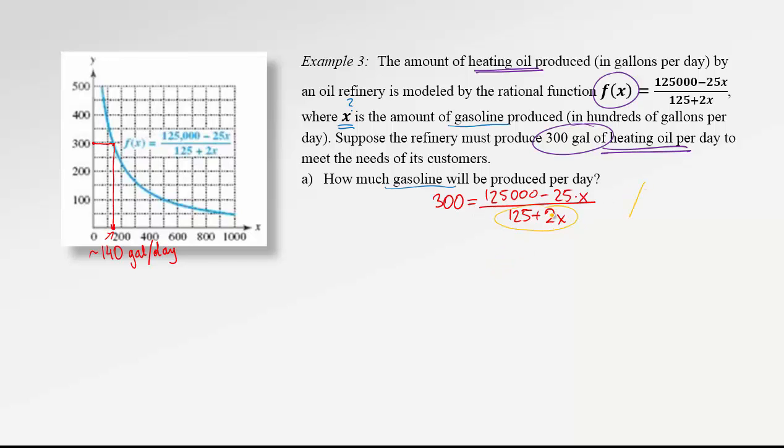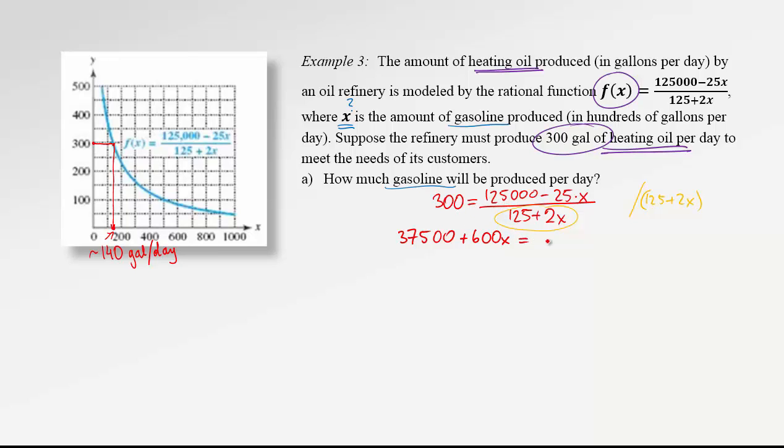We can multiply the whole equation by 125 plus 2x, right? And when we perform this multiplication by 300, let's calculate at once. 300 times 125 is 37,500, plus 2x times 300 is 600x.